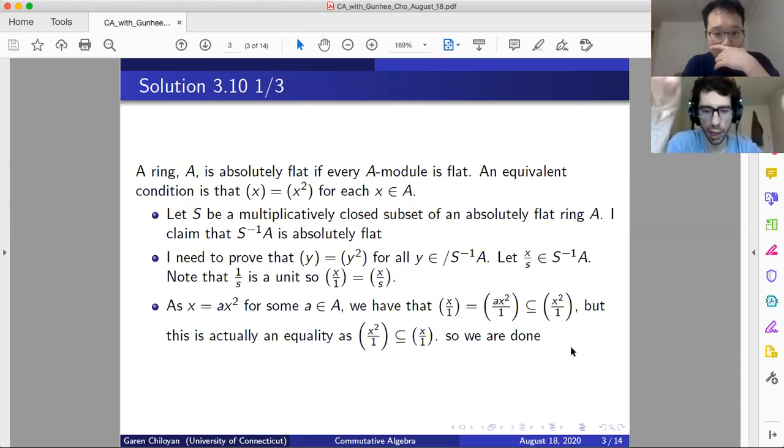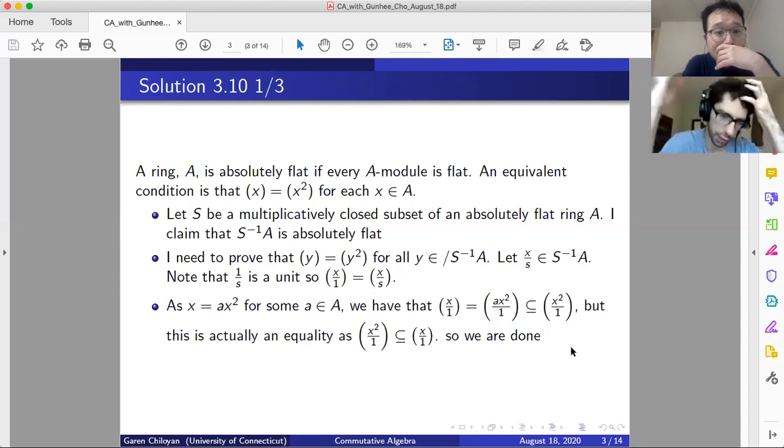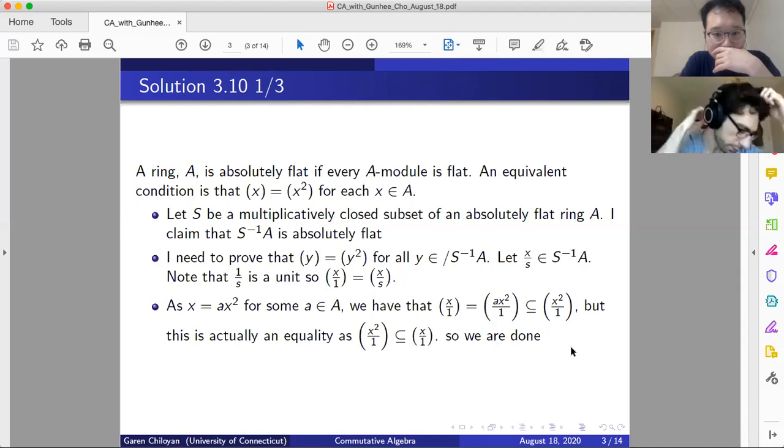But then we have an equality, because the ideal x over 1 is contained in the ideal x squared over 1, and we already know that x squared over 1 is contained in the ideal x over 1. So the ideal generated by x over 1 is the same as the ideal generated by x squared over 1, or x over 1 squared. They're the same thing. So A being absolutely flat means that S inverse A is also absolutely flat.